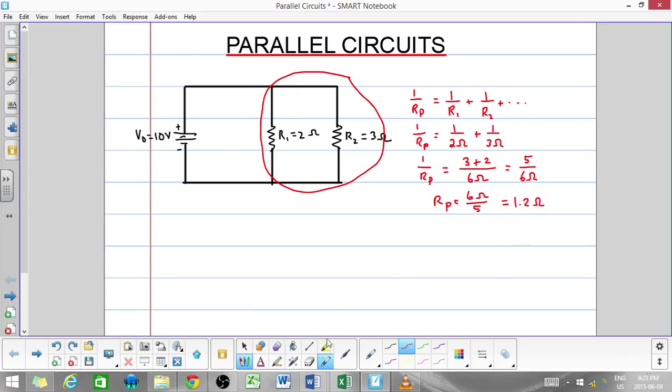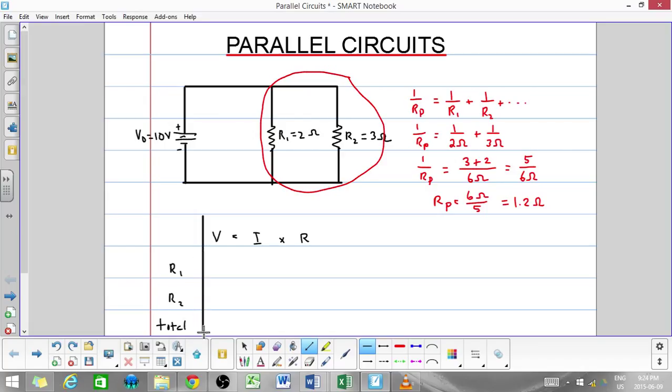The basic approach to this is the same as with series circuits. We're going to set up a chart, and we want to know V, I, and R for all the elements in the circuit, so for R1 and R2, as well as the total for the circuit. And we'll write in what we were given.